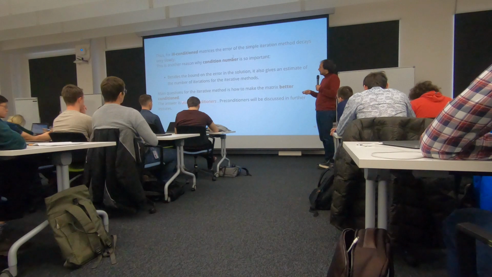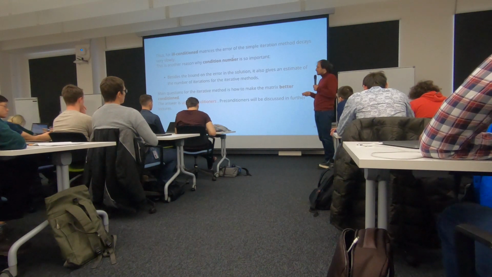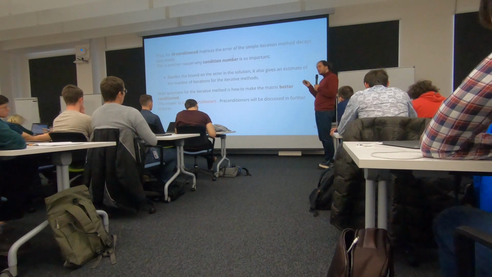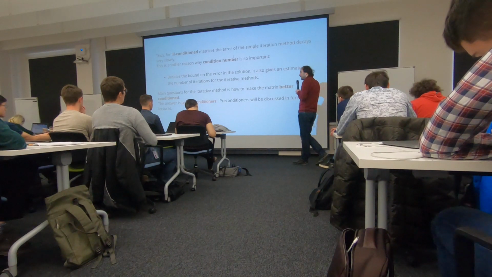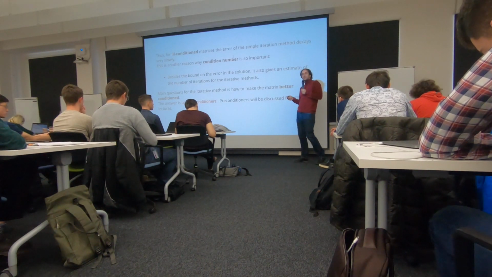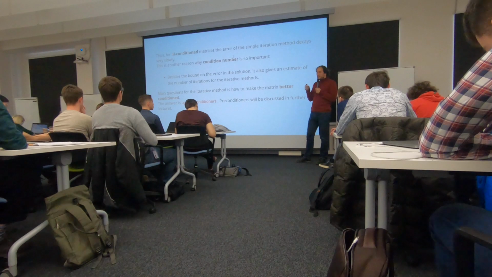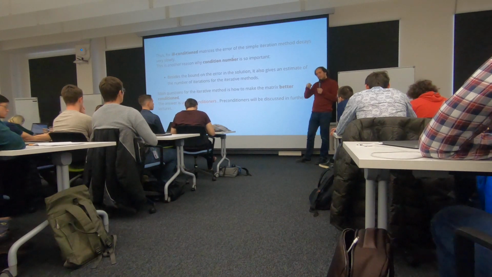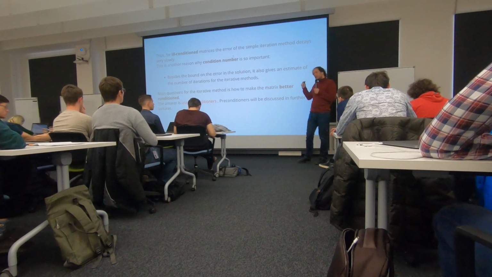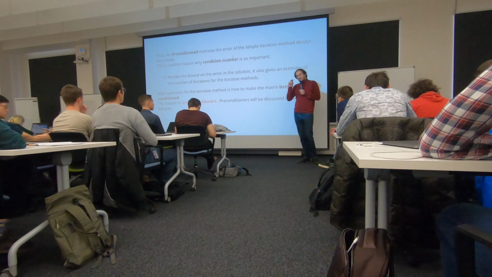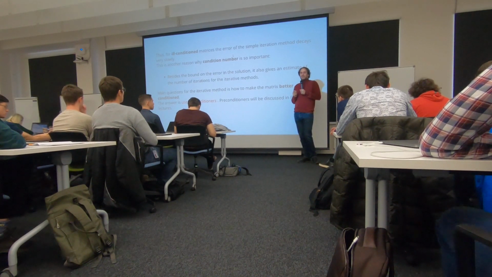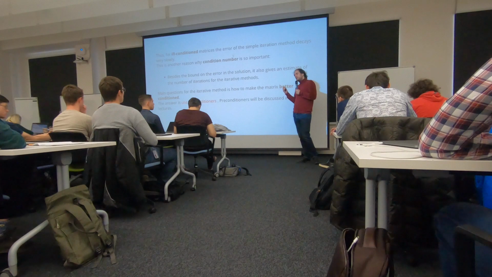What people are doing is to use so-called preconditioners. So you have a linear system AX equals F. You can multiply, for example, this system of equations from the left by a certain matrix P, which is called a preconditioner: P times AX equals P times F, in the hope that P times A will be better conditioned. So in order to solve the problem with conditioning, we use preconditioners.